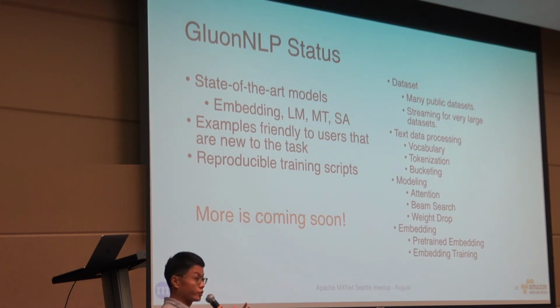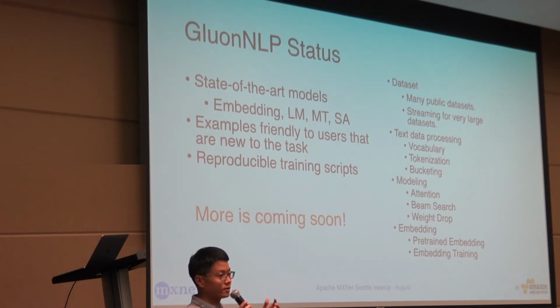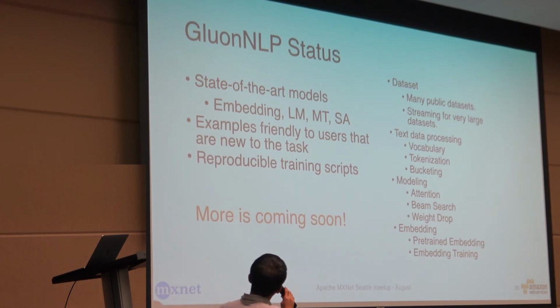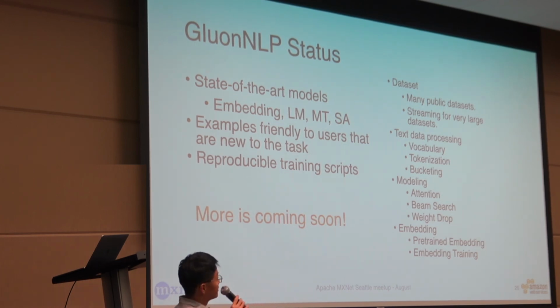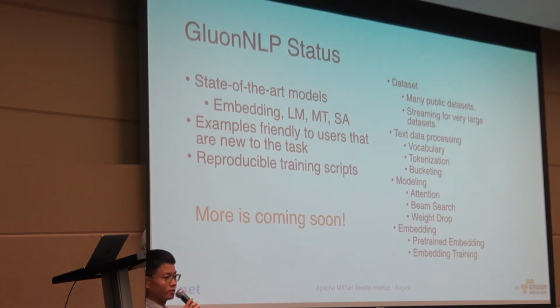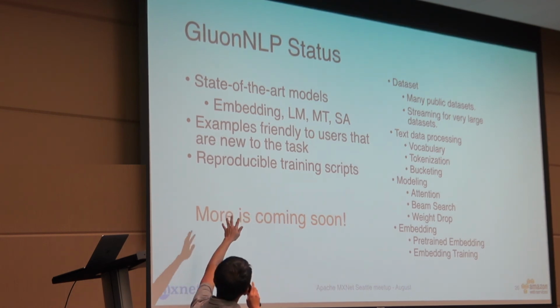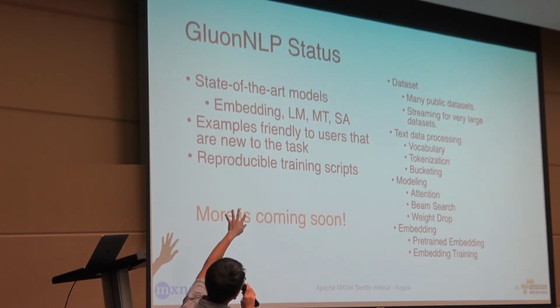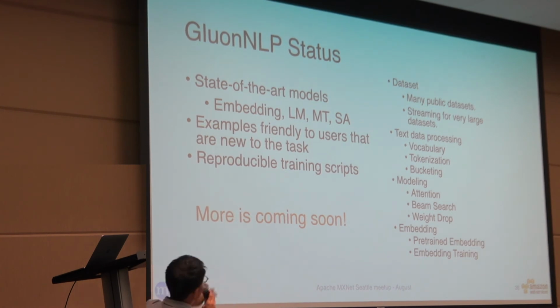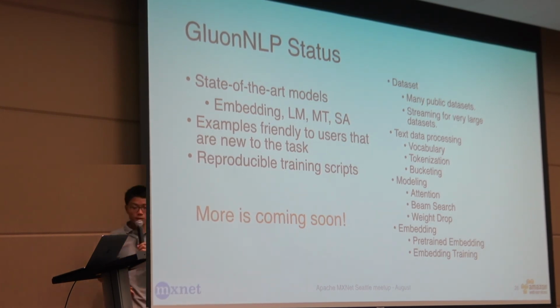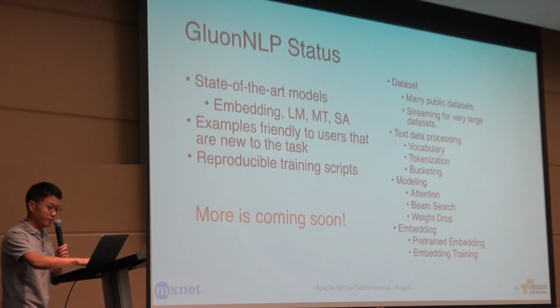I'm mentioning this because if you are interested, you can definitely work with us to contribute to this. More and more will be coming. Another thing we want to mention is that you just saw the examples for the embeddings.